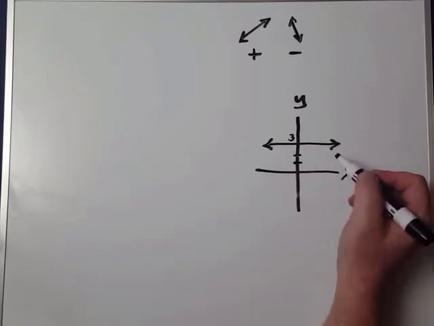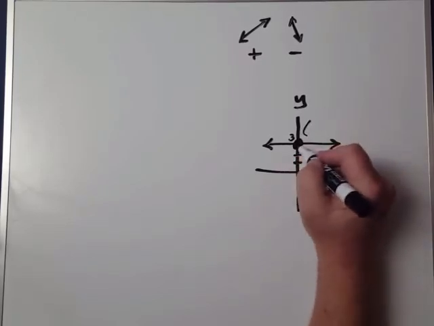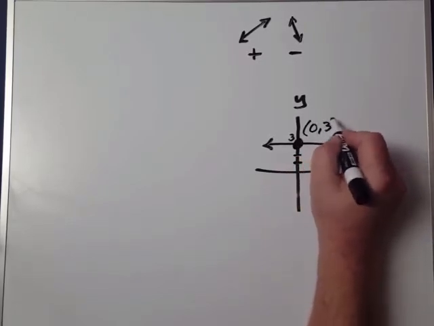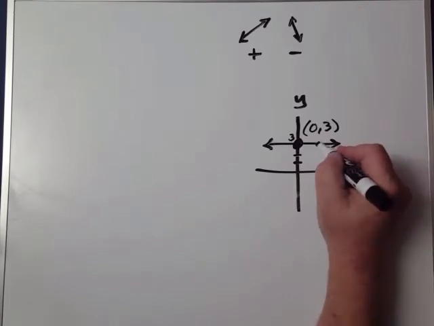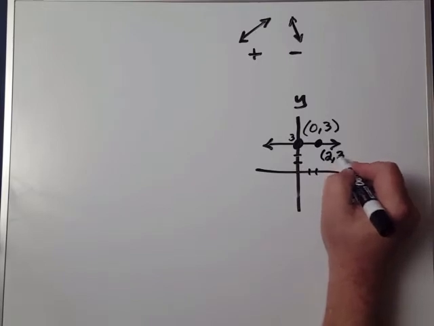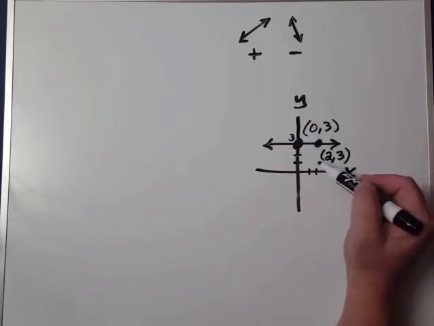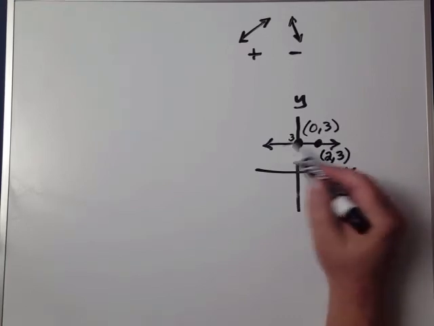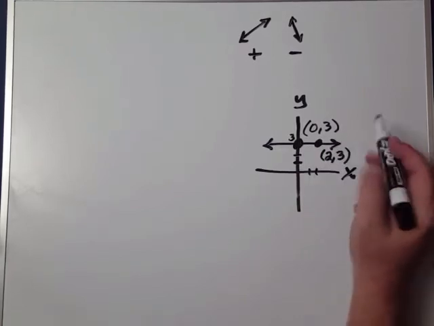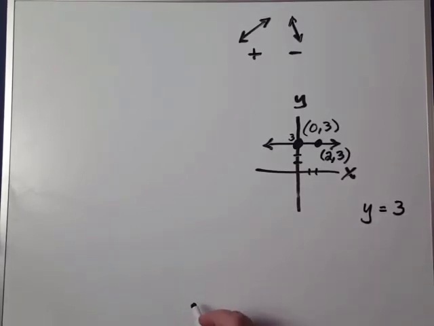Well, let's grab a couple points off this line and see what the slope is. Obviously, right here is the point 0, 3. And we'll grab us another point out here somewhere. Maybe the point 2, 3. This is the horizontal line that passes through 3 on the y-axis. So the equation of this line we know is y equals 3. That's the equation of our horizontal line.